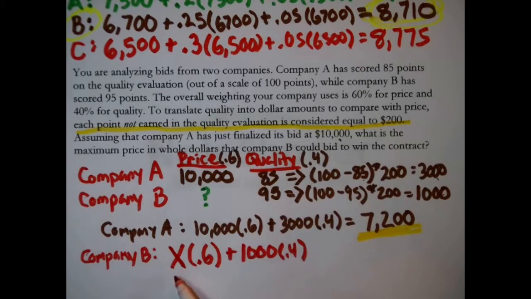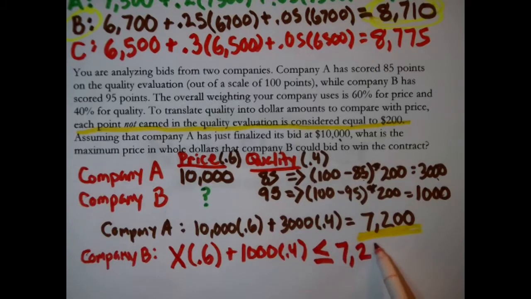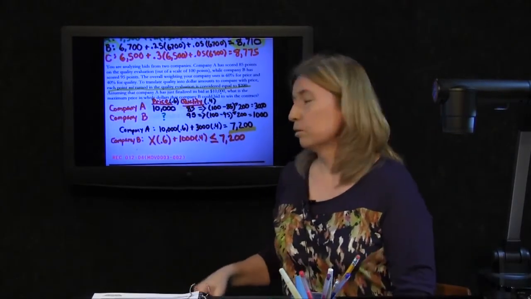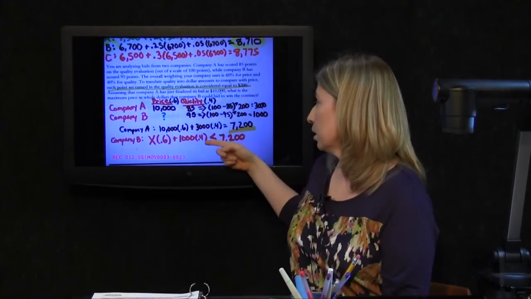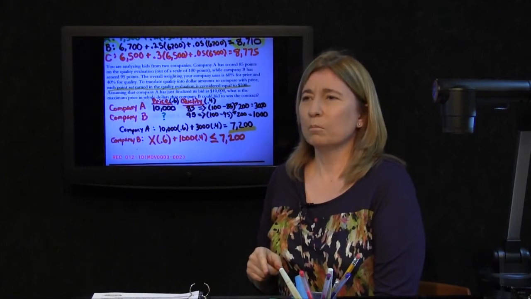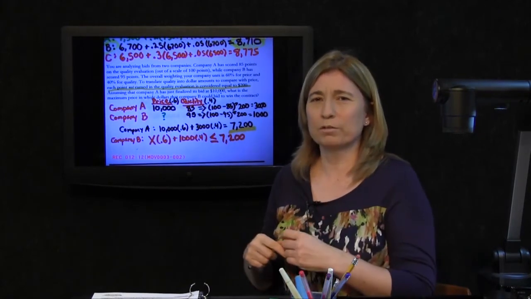Okay, now wait, that's how you would calculate their score. They need to beat this score, which means that whatever number they put here, their asking price, needs to be less than or equal to, actually ideally less than, 7,200, Company A's score. Really, arguably less than, because if it's exactly equal, then we would be indifferent.